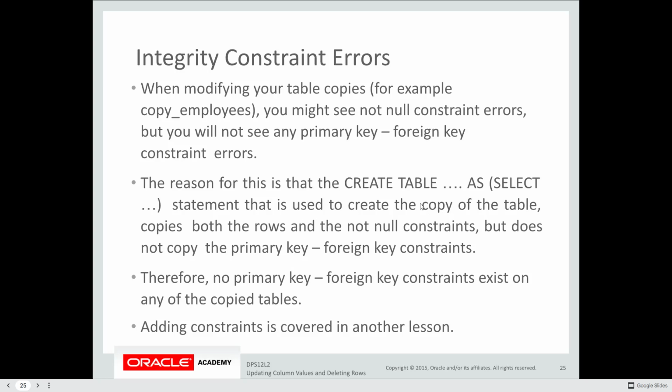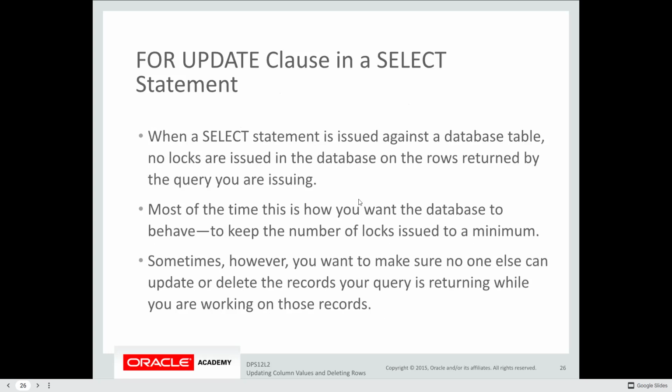So the reason for this is that the create table statement that is used to create the copy, in this case, it's a little bit different. If we would have created tables, the primary key, foreign key does not follow when you create tables. You'd actually have to allocate those.